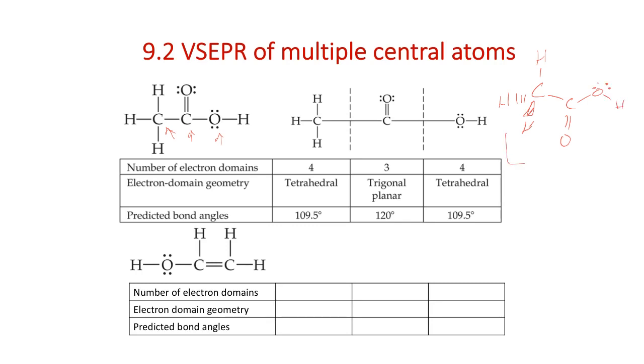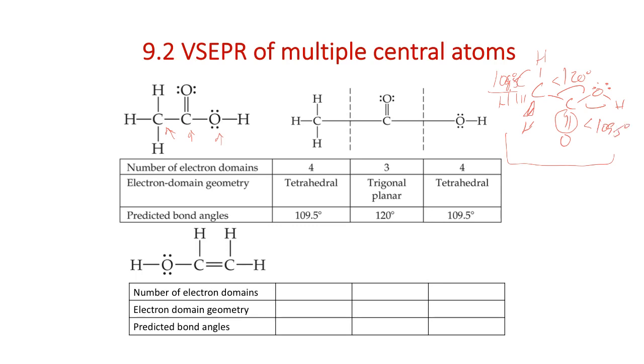So you can sketch these three-dimensional shapes pretty easily, and get bond angles of about 120 degrees here, even slightly less due to the double bond repulsions probably being a little greater. These bond angles here are probably close to 109.5, pretty close to exactly, and this should be probably a little bit less than 109.5 degrees.